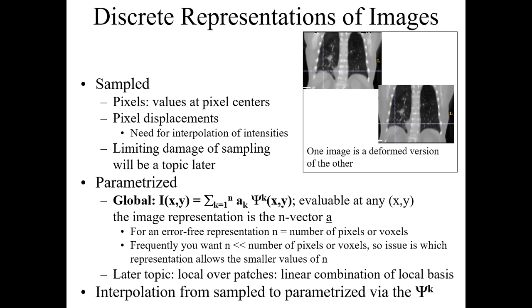Well, a 256 by 256 image has 256 squared, 2 to the 16th, values. It's sort of like a vector with 2 to the 16th values. And so you'll need 2 to the 16th coefficients to get a perfect approximation.